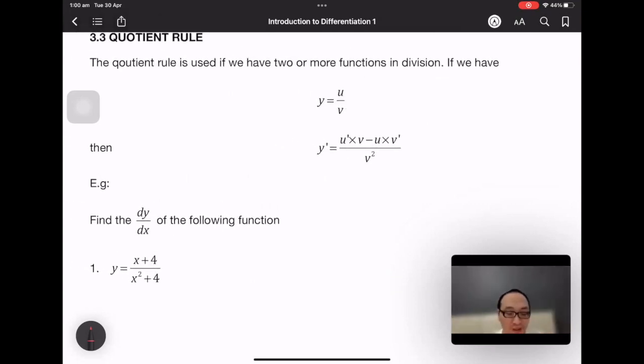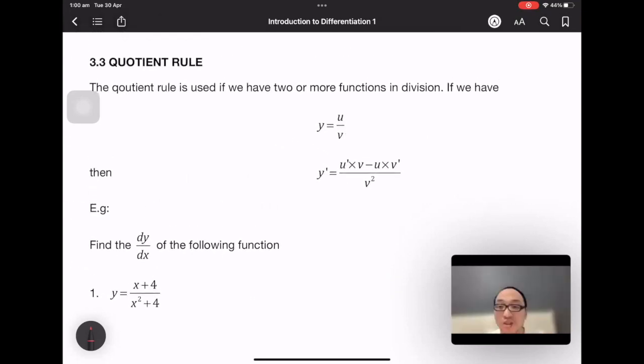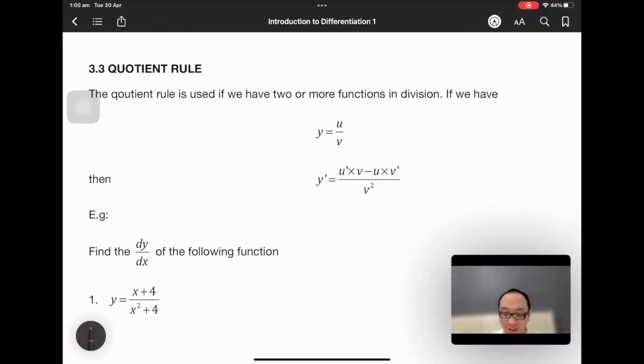Now, the last rule will be quotient rule. What is quotient rule? Quotient rule is used if we have two or more functions in division. So if product rule is used for the multiplication, quotient rule will be used for the division.